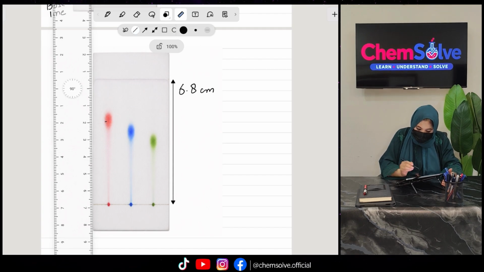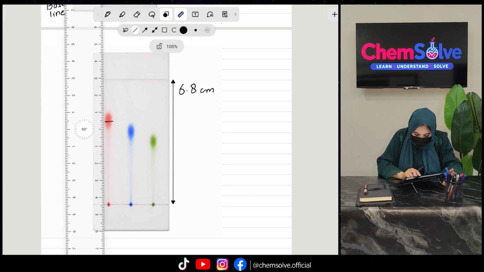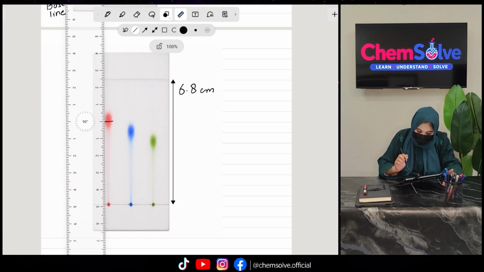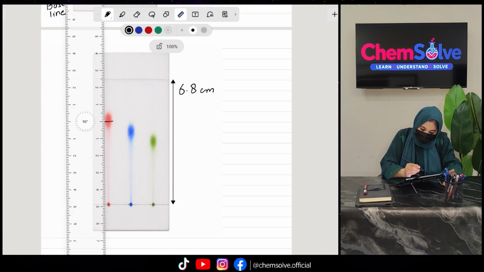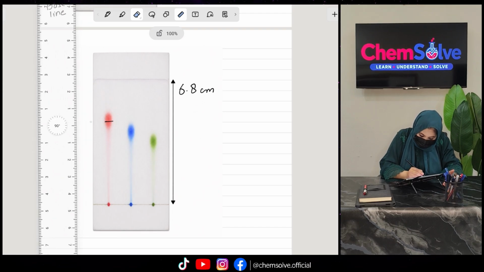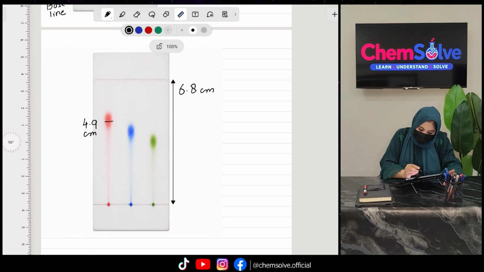For that, I will take from the center of the red color. If I calculate it, it would be 4.9. So this distance is 4.9 centimeter.